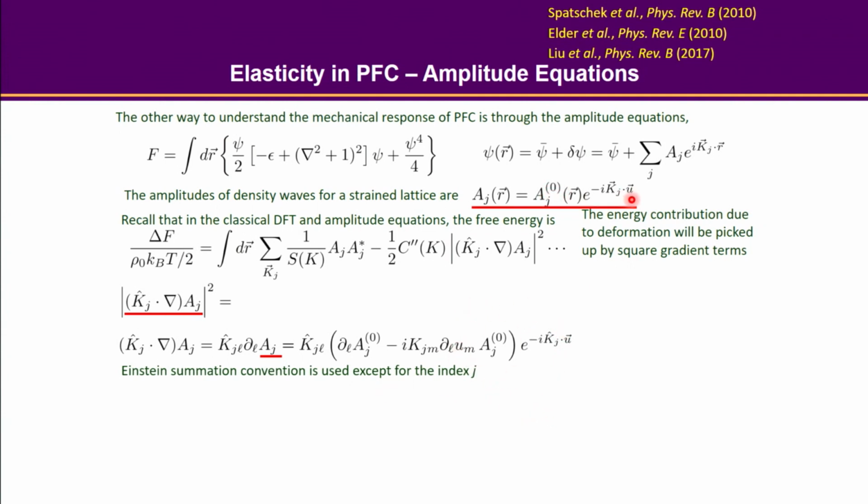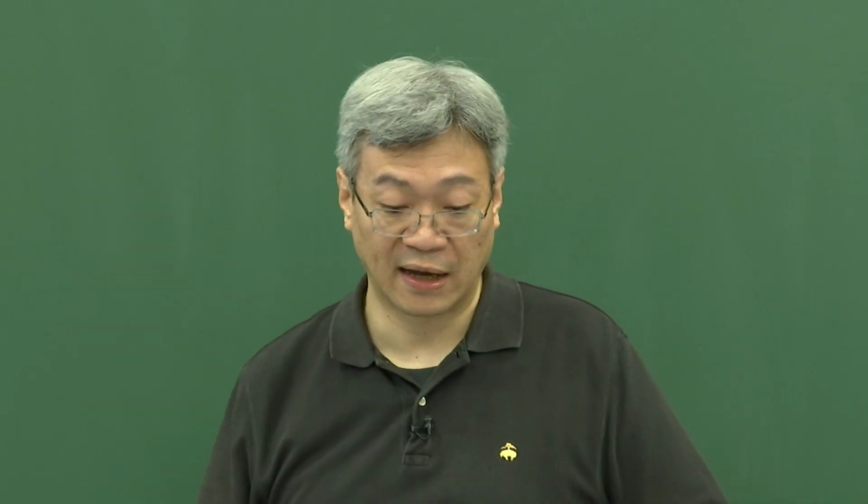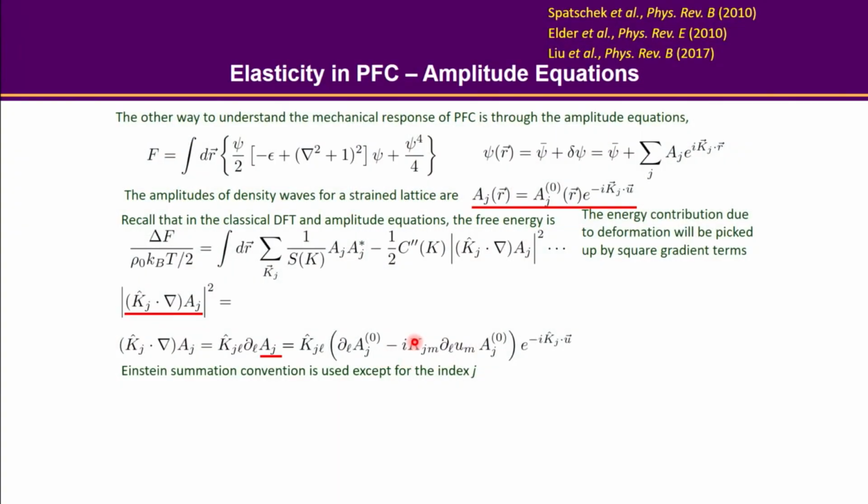So what I can do is to consider k·u as a new variable. I'm taking the exponential of i times something and taking the derivative with respect to that something. So that's going to give me this minus i. And once I do that, I take the spatial derivative of this k·u, the whole thing, because that's my variable. So quickly, you will get this minus i in front.